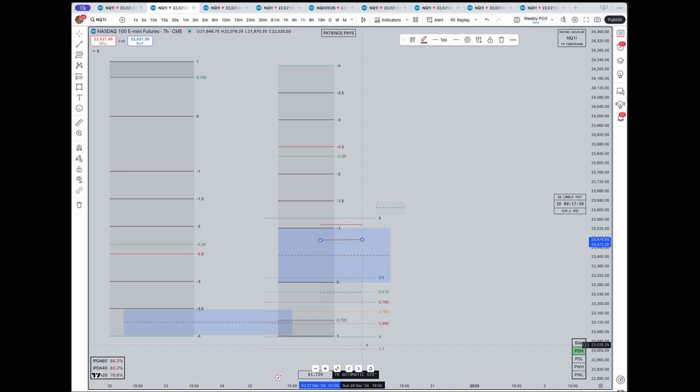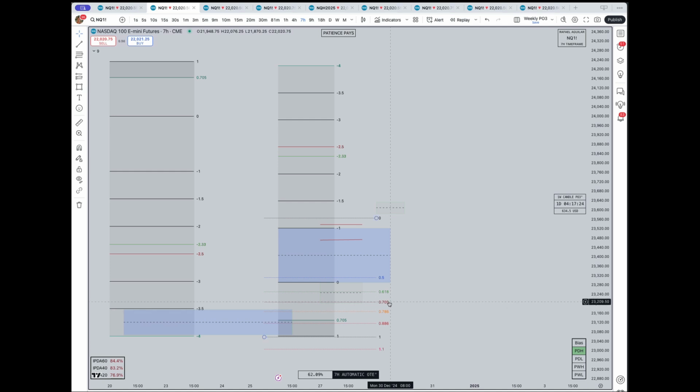So the first thing that I want to see is price closing above the -1, a body, at least one body above. That's fine, and you have some wicks around here. When you see price at this level, you plot a fib from the low to the high and wait for price to trade back to 0.618, 0.705 or 0.786.